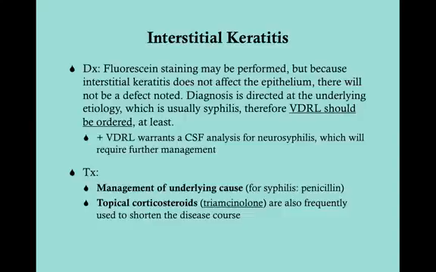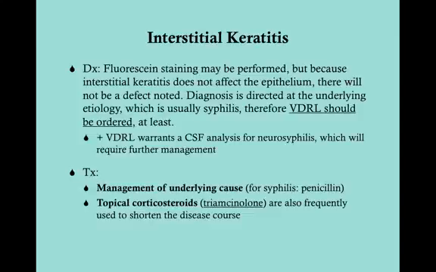And in order for a fluorescein stain to be positive, to see an ulcer or an abrasion, you have to have a denudement of the squamous epithelium, because that fluorescein is only going to stick to Bowman's layer. In this case, with interstitial keratitis, you're only affecting the stroma. The squamous epithelium is totally fine. And so you will not note a defect with fluorescein stain, and that sets it apart from all of the other keratitises.